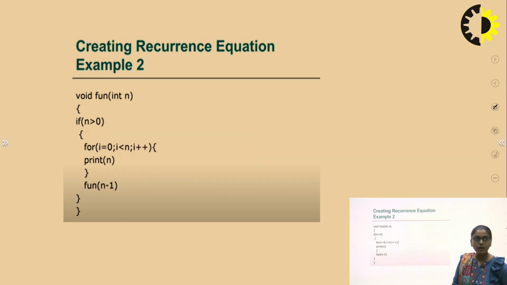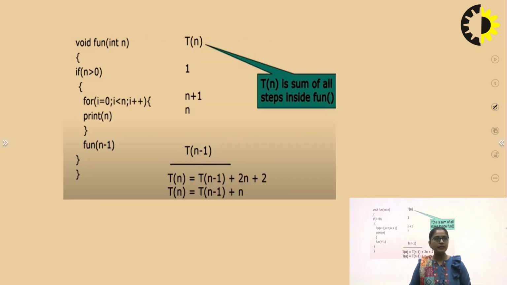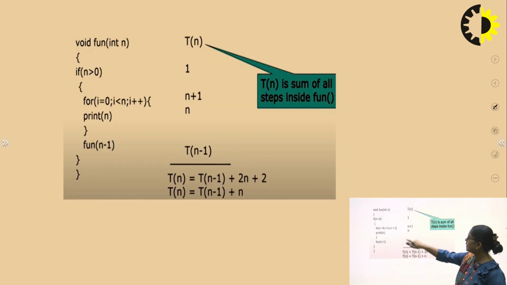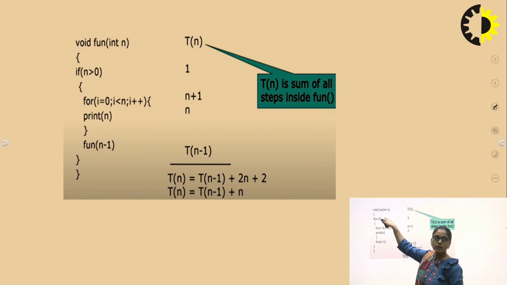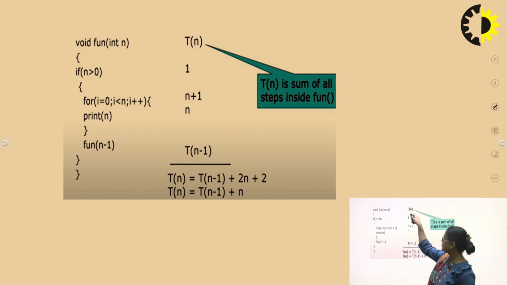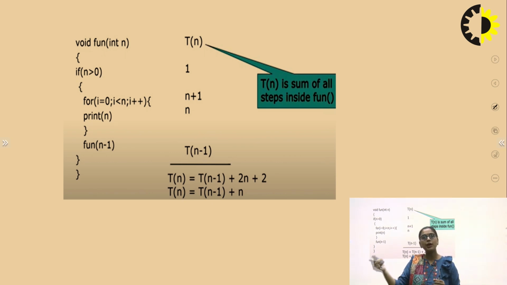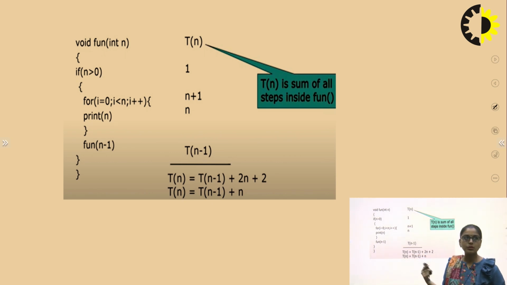Okay. Now we are taking another example. Let's look at this once. Suppose one function has time complexity T(n). I already discussed that the if is a constant value taking complexity 1, and this for loop starts from 0 and goes up to n. So 1 plus, the loop is moving n times for the true condition, and plus 1 is for checking the false condition.